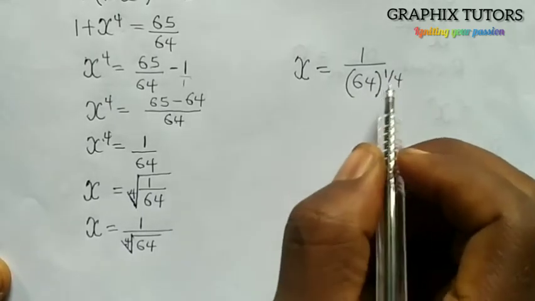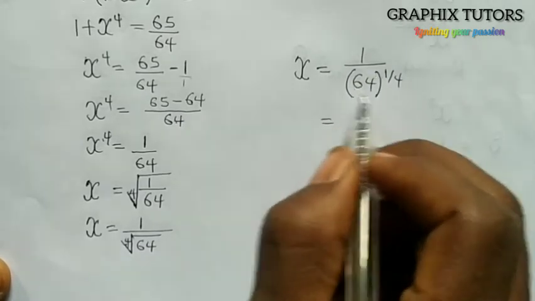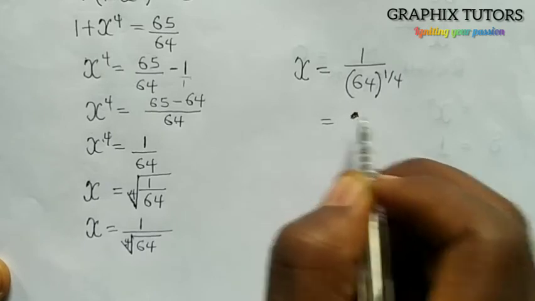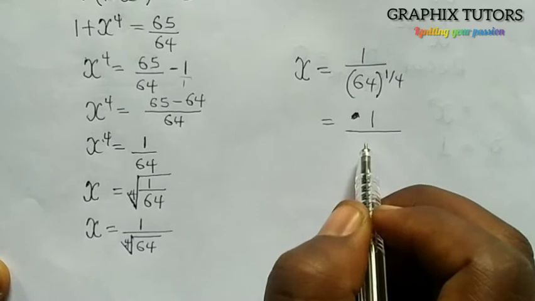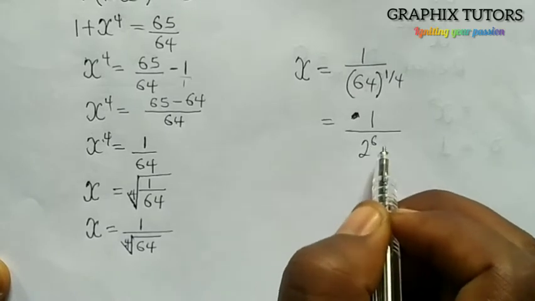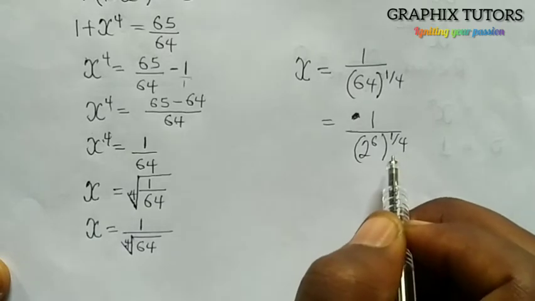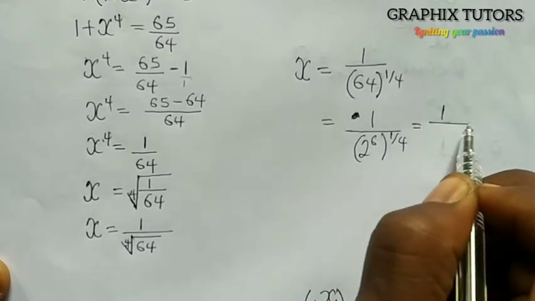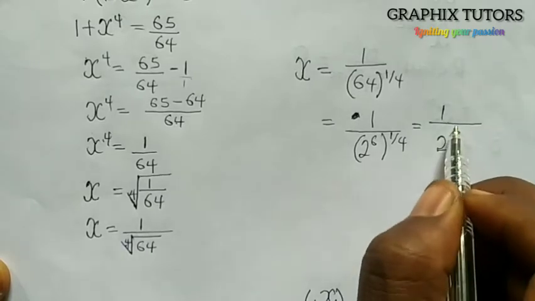If you watch my previous video, I explained this, right? And I can take 64 to a number in base 2 to give me 1 all over 2 to the power of 6 into the bracket of 1 over 4, right?